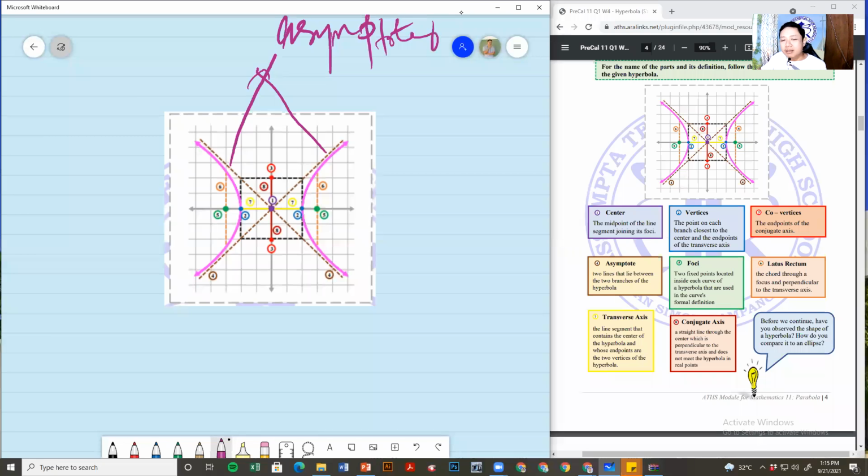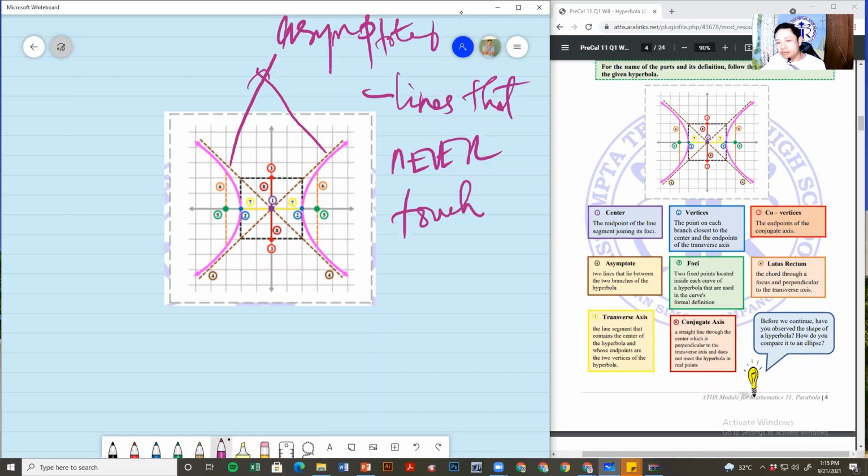And when we say asymptotes, these are lines that never touch the graph of whatever function it is.